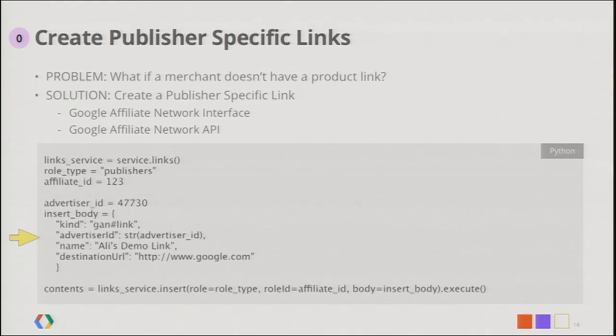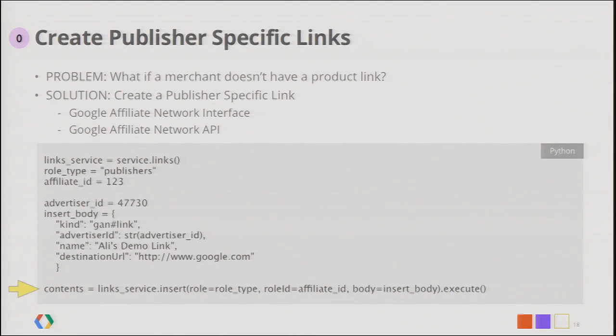First and foremost, the advertiser that you want to deep link into. Second, a name for this link so you can easily search it in our UI. And finally, a destination URL. This destination URL is the place that you are actually deep linking to. Finally, you need to just execute the query like you normally would.